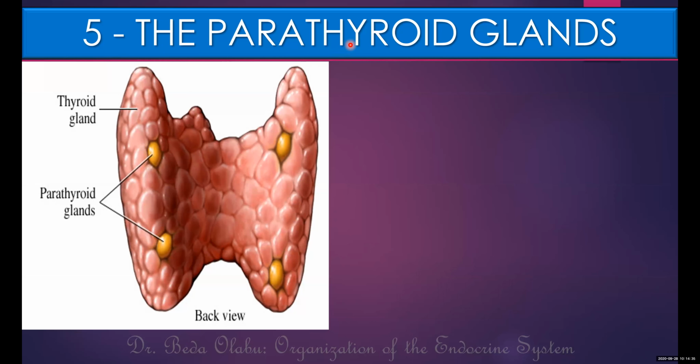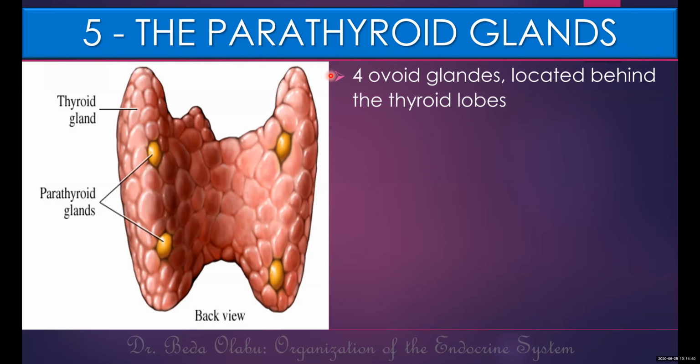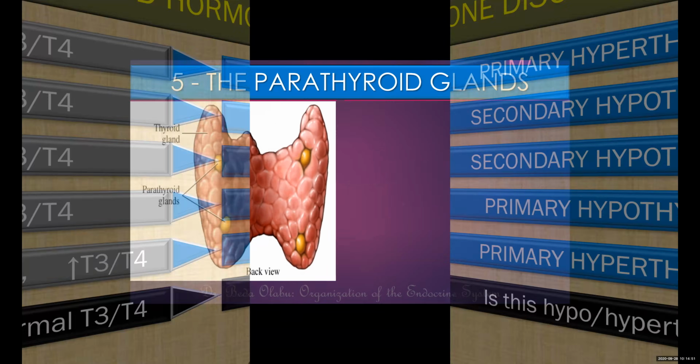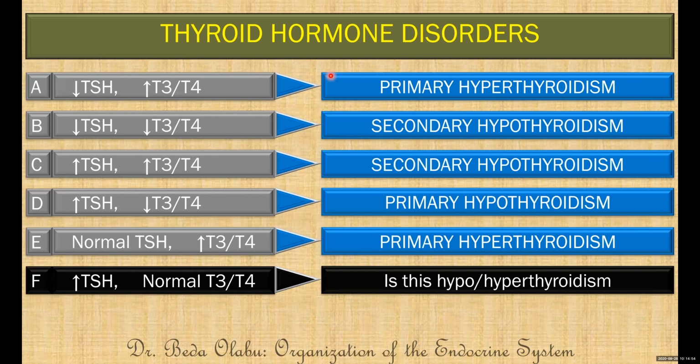Okay. The fifth gland is the parathyroid glands. Yes, Frida? Good morning. I think I need some clarity. Let's go back to the slide where we were looking at examples of different TSH, T3, T4 levels. Let's talk about the normal TSH with elevated T3, T4, the primary hyperthyroidism, patient E. I don't get why it's primary.